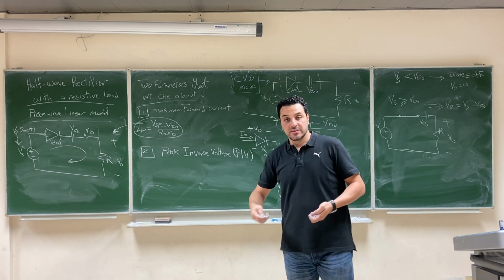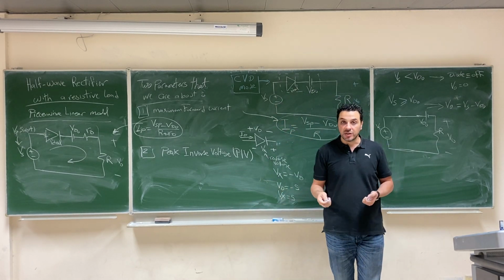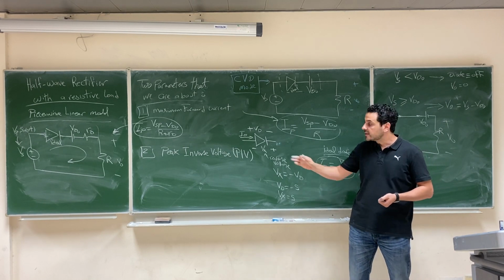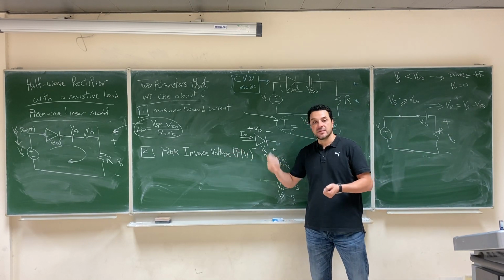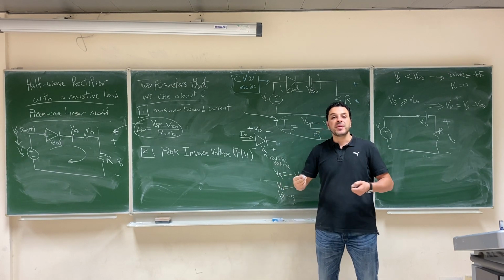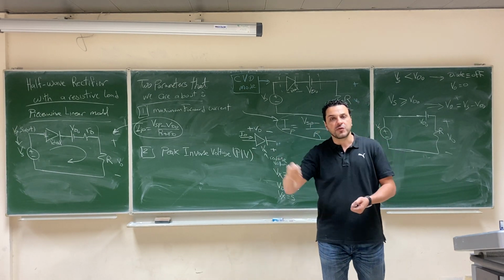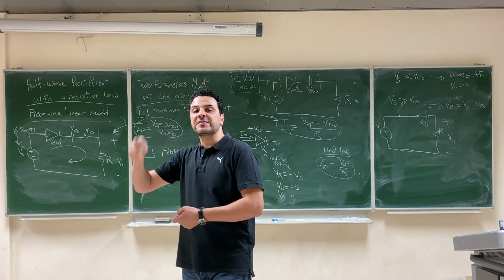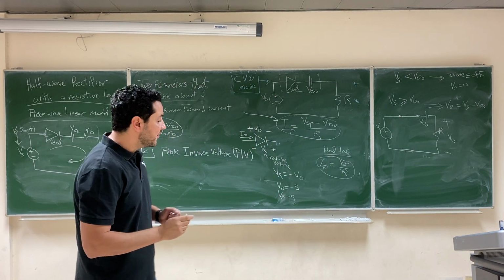Usually they choose the breakdown of the diode to be 50% higher than the peak inverse voltage. This is why this parameter is important. We calculate the peak inverse voltage and then we buy a diode from the market that has a breakdown that is 50% higher than this peak inverse voltage.